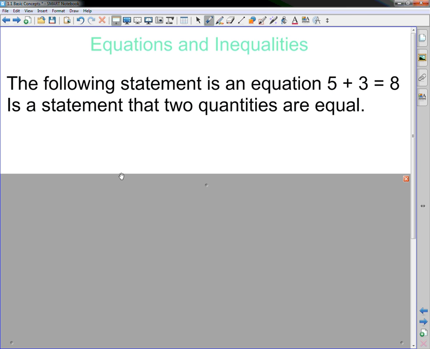So we have the 5 plus 3 is equal to 8. This makes an equation. And we'll start to work with some equations where we have variables, x plus 3 equals 8, and we're going to have to solve that. That's our equation.